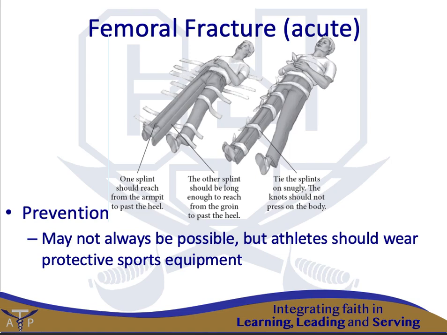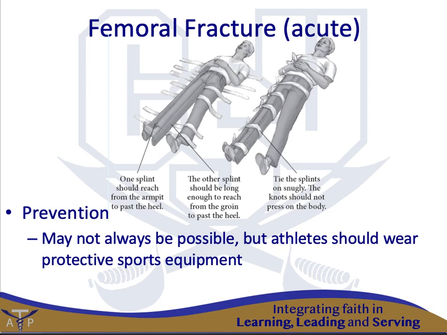This picture is a picture of how we can support or splint a person that has a femoral fracture. You can see that we are still splinting above and below the injury site. So we can see on that left side, there is one splint that should reach from the armpit to past the heel. So it is along the whole body.